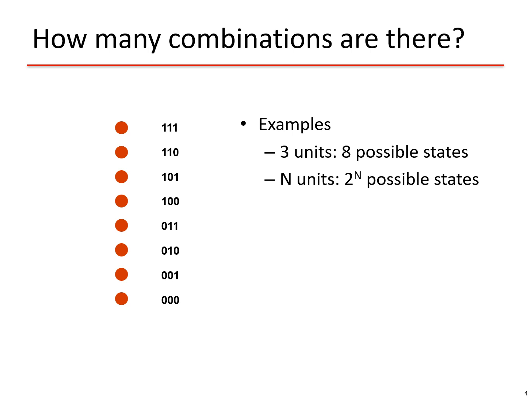For example, if it is a 3 unit system, then the possible combinations will be 2 to the power 3, that is 8. Here we can see the different possible combinations, where 1 means the unit is in the on state and 0 means the unit is in the off state. So we have a total of 2 to the power n, that is 8 combinations, for a 3 unit system as shown here.